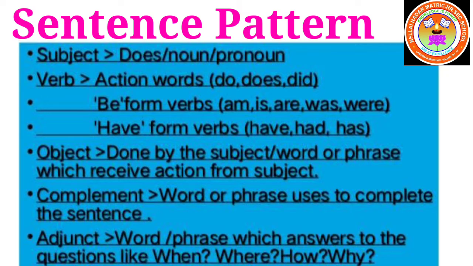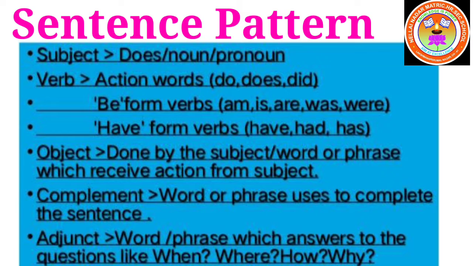What is a sentence? A sentence is a group of words with a verb. It gives complete meaning, or it makes sense. A group of words with a verb that makes sense is called a sentence.